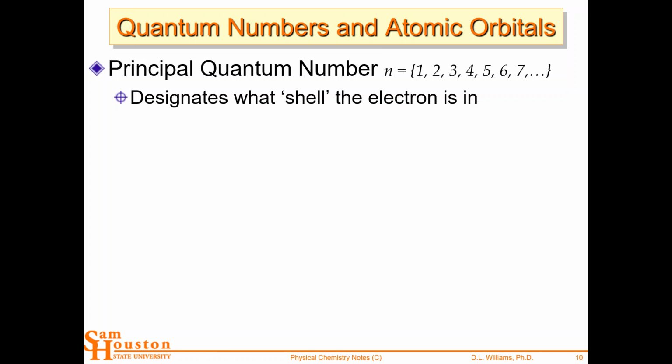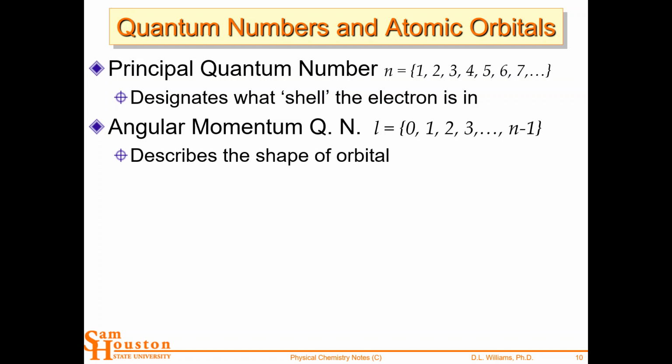We've also given those shells names or letters, like the K, L, and M shell. You hear about that in X-rays. They talk about the K alpha line from sodium. But I don't do that much in this class. So we're just going to use the principal quantum numbers, which tell you what shell it's in, like the 1 shell, 2 shell, n equals 3 shell, etc.